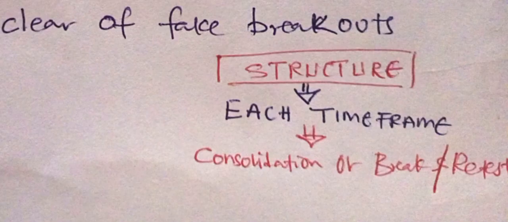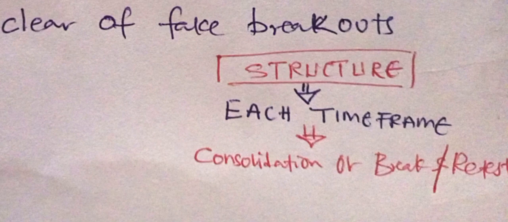Well, there's actually a third one. You might see a formation, which could be head and shoulders, reverse head and shoulders, double top, double bottom. I didn't put it here, but it's actually important too.